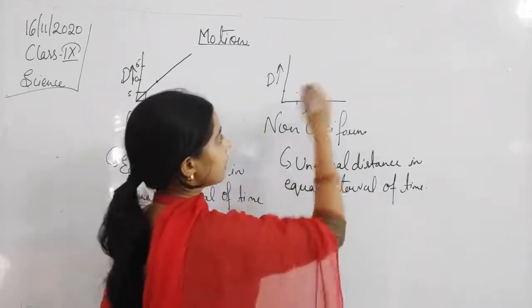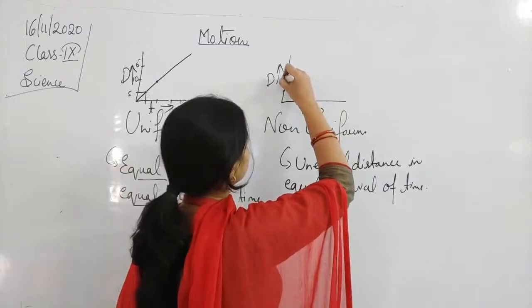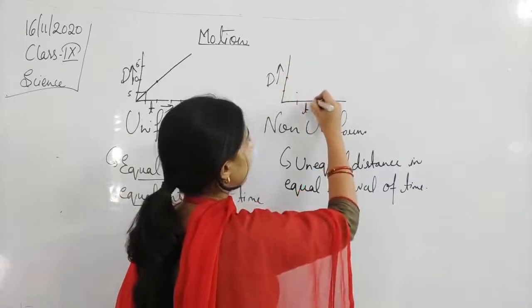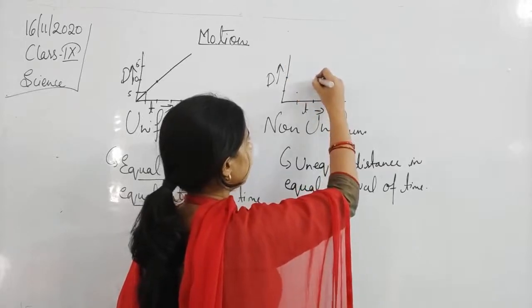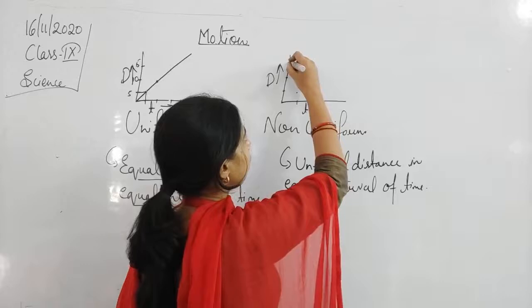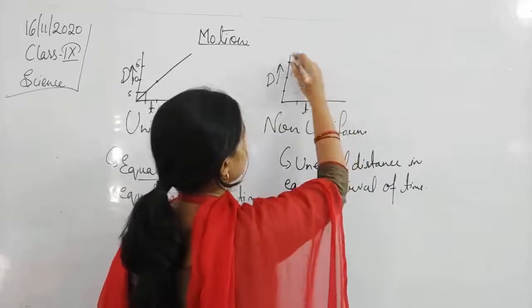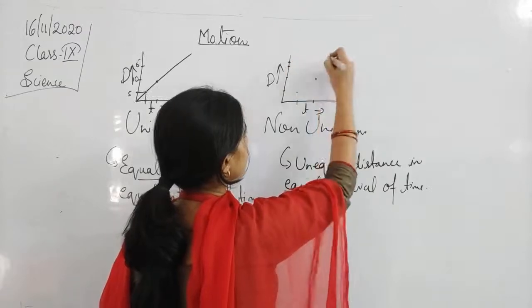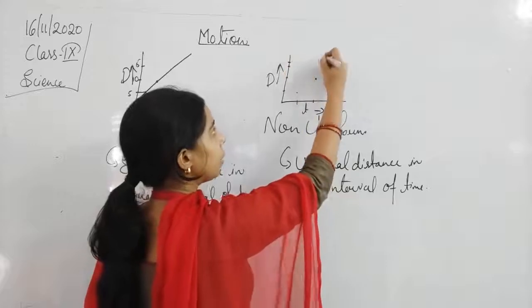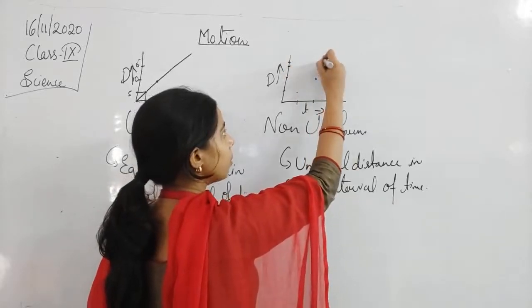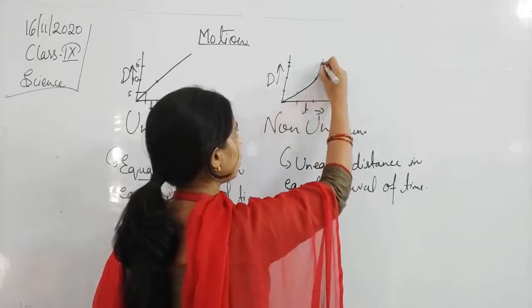Then in the second second it travels 1 meter in the next one, so the point will be here. In the third second it travels again 1 meter, so we put a point here itself. When you draw the diagram, it will be like this.